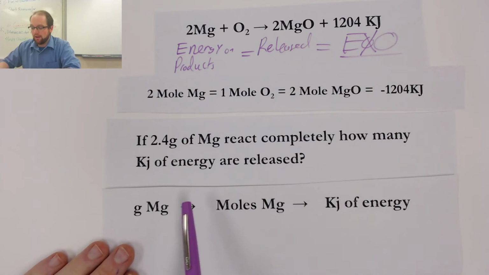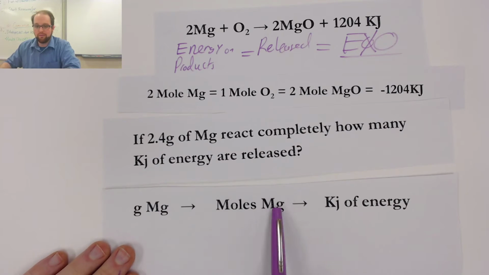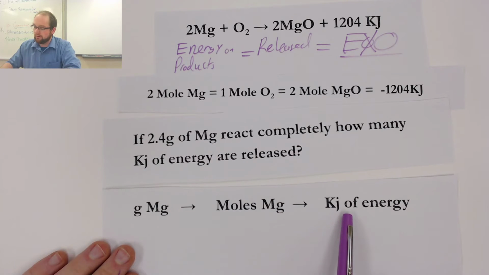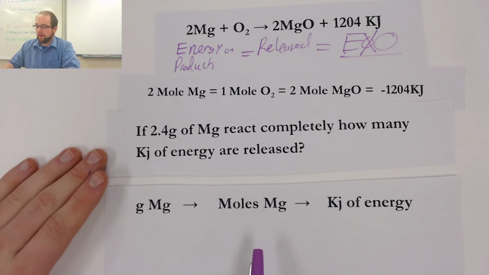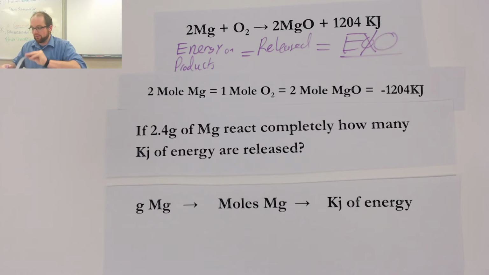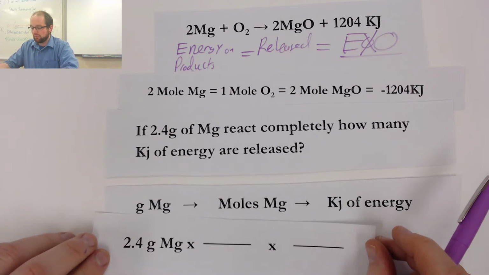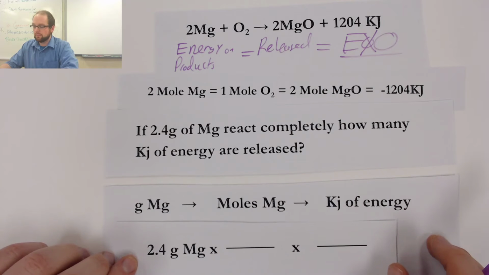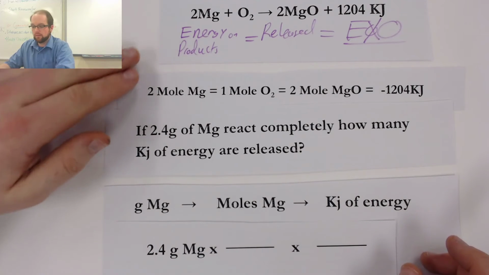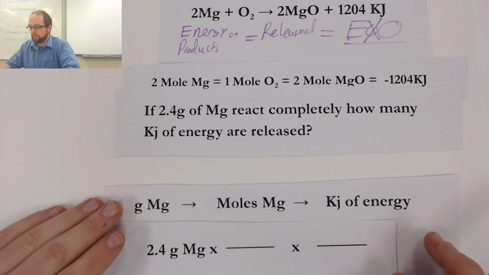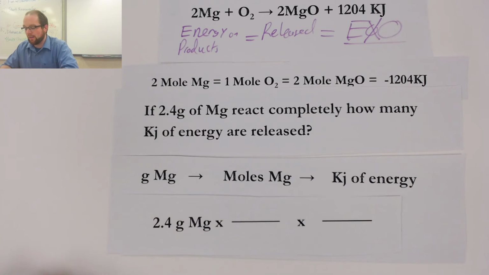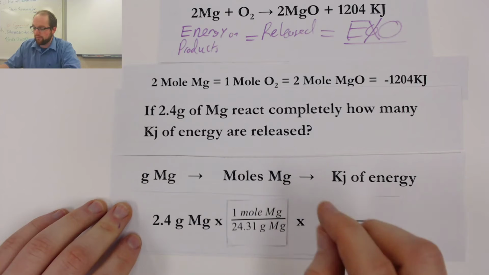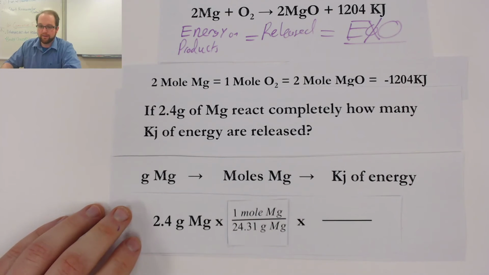I can turn my grams of magnesium into moles of magnesium, and then turn those moles into kilojoules. So why don't you take a minute here and see if you can set that up, following our same pattern of our step-by-step conversions. So your first step is going to be pretty straightforward, just like any gram to mole conversion. You're going to divide by the molar mass in grams and multiply very simply by 1 mole on the top.